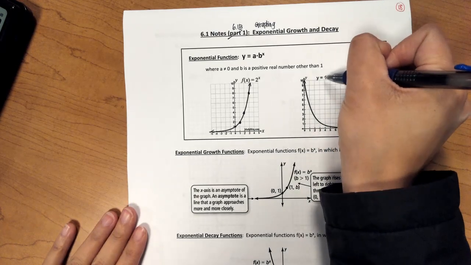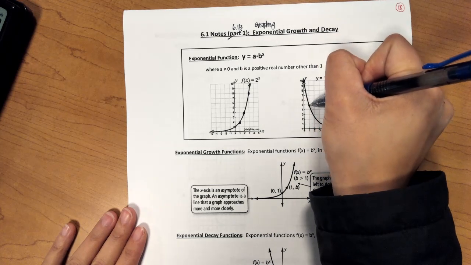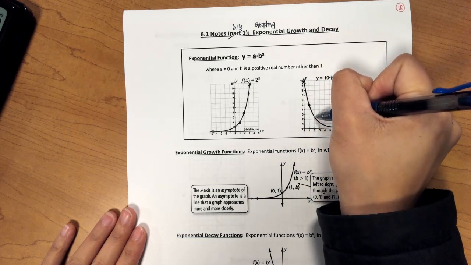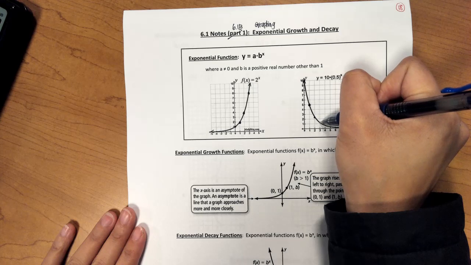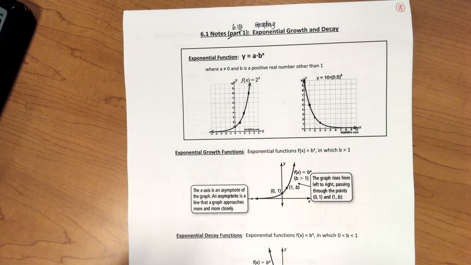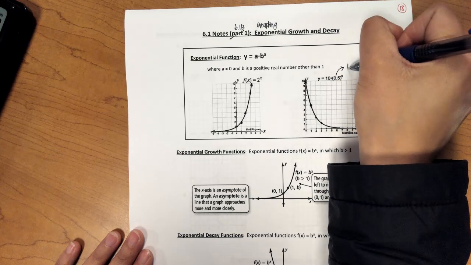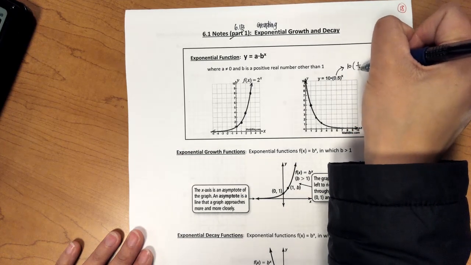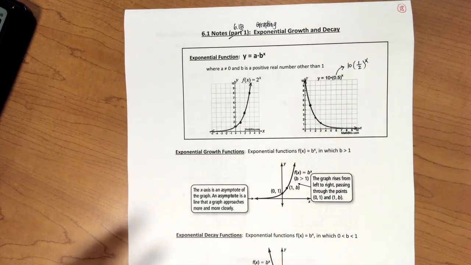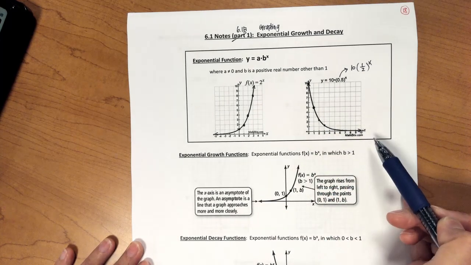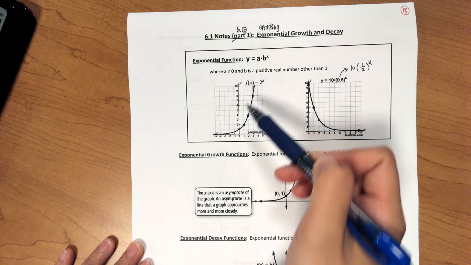So I start with 10, and then I cut it in half, and then I have 2.5, and then 1.25, right? So you keep cutting your number in half. So you can think of this as the same as 10 times 1/2 to the x power. So any number between 0 and 1 is exponential decay, and any number greater than 1 is getting bigger.